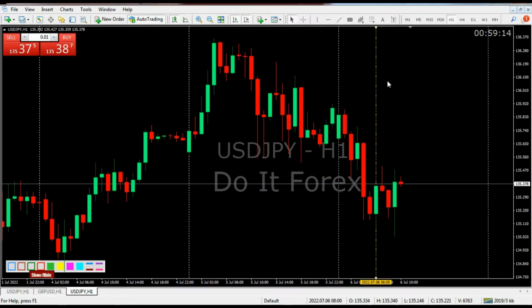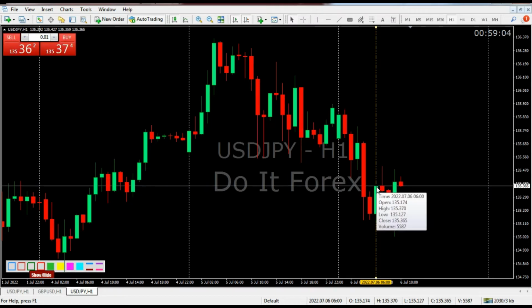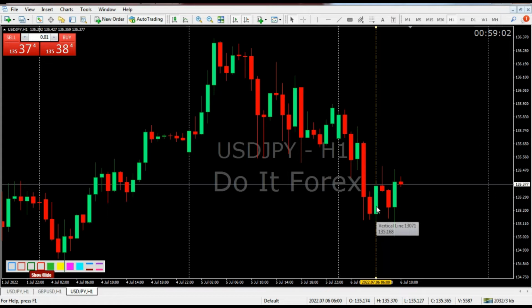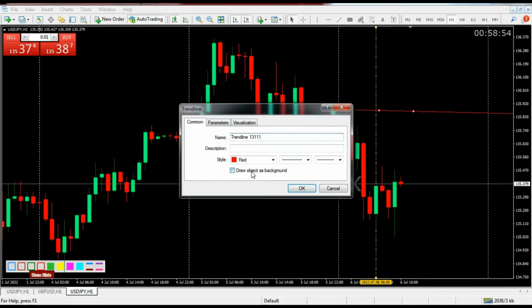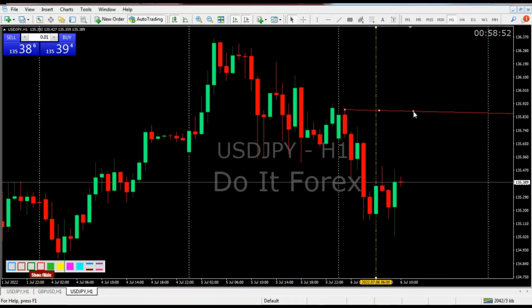The second step, we have to find the highest and the lowest of the candles from the opening to the closing of the 7 candles. So this is the highest, guys. Sorry, let me adjust first. This is the highest of the candles, and here at the 7th candle this is the lowest. After that, we drag our Fibonacci from the high to the low, as you see, guys.